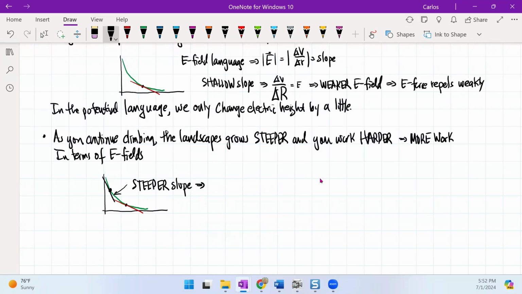That implies that the potential change, the rate of change, has now become larger.